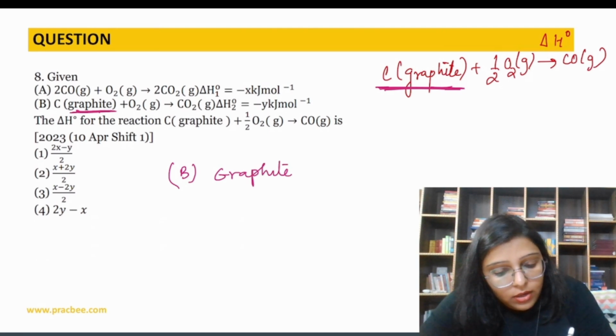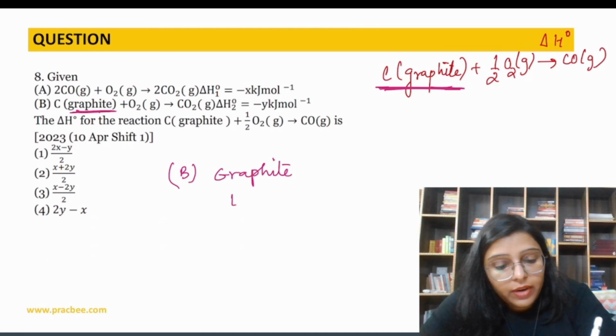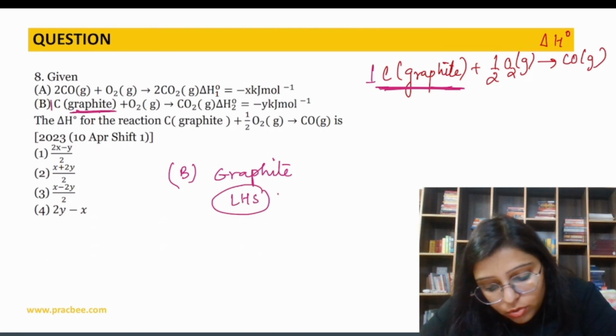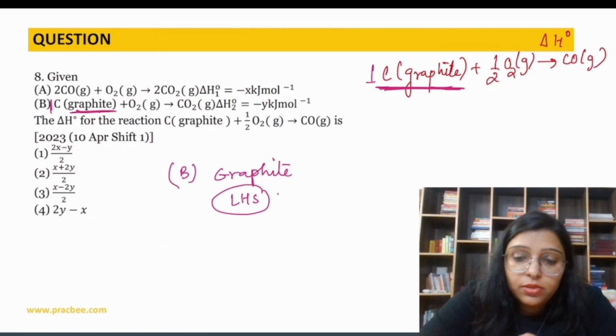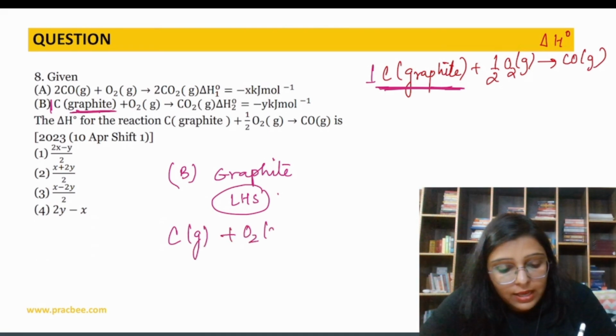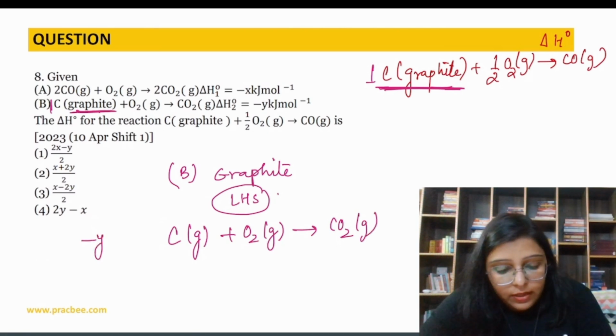That's it. Coefficient of graphite in the desired reaction is 1, and here it is also 1. So it means you have to write down the reaction as it is. That is C graphite plus O2 gas gives CO2 gas. So for this, enthalpy change is equal to minus Y.